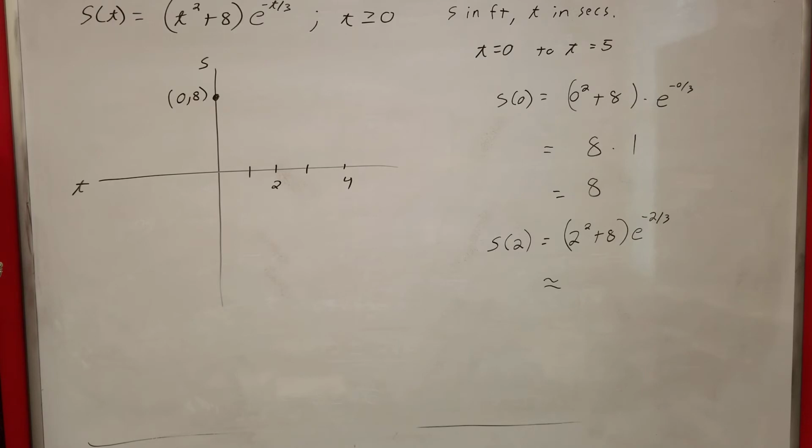So let's see, what do we have? T squared plus 8 e to the negative t over 3. Oh, this makes incredibly boring videos, by the way. And I want to evaluate it at 2.